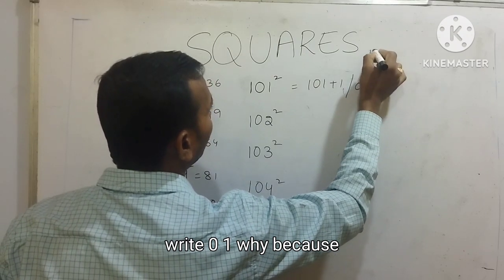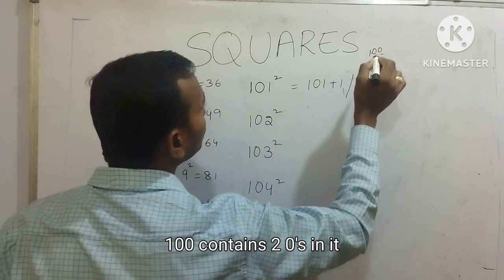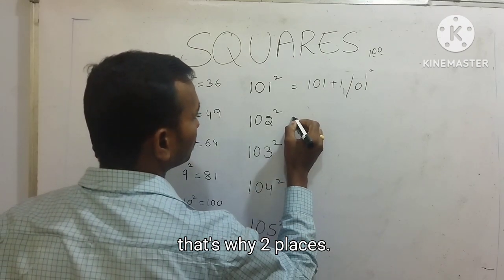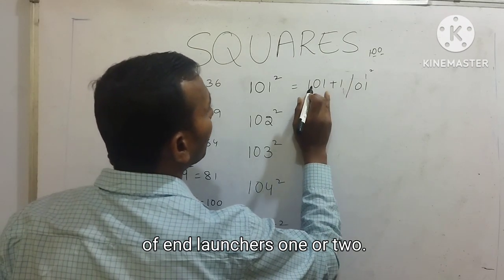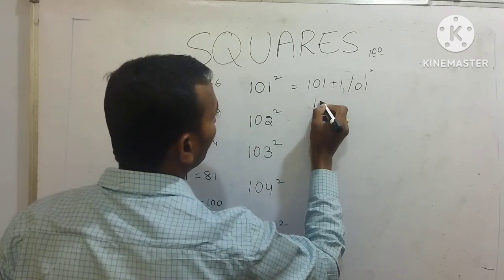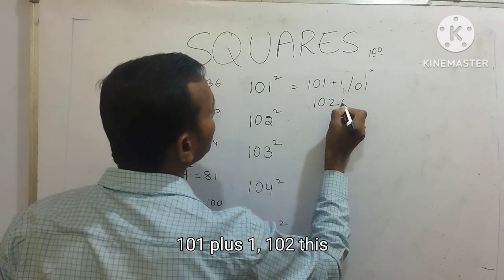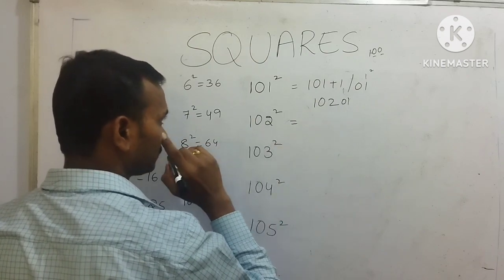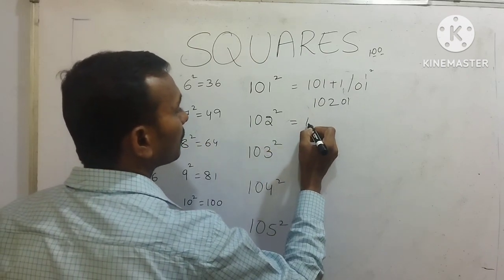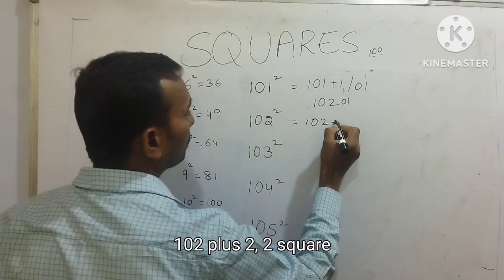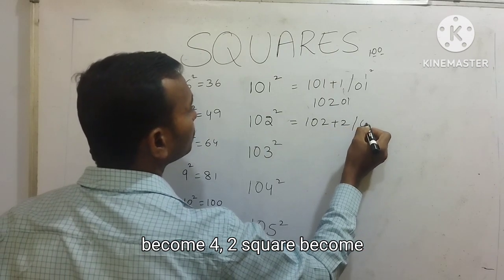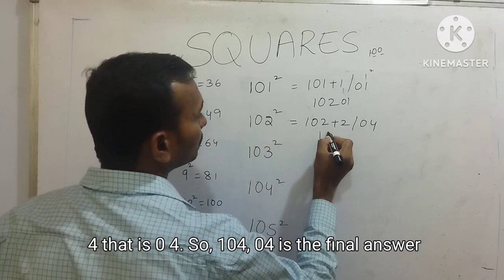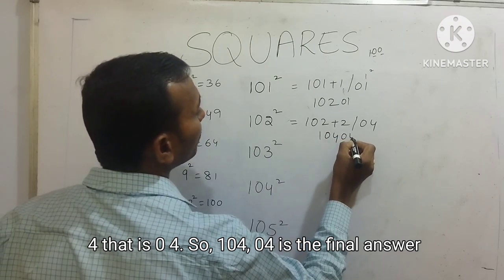Because 100 contains 2 zeros in it, that's why 2 places. So the final answer is 102, 01. Now 102 plus 2. 2 square becomes 4, that is 04. So 104, 04 is the final answer.